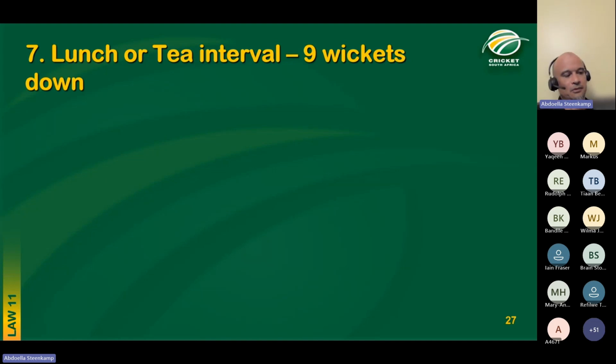Another time-saving mechanism that the lawmakers brought in when it comes to our lunch and our tea interval. Over the years, and there's lots of stats to prove this, when a side is 9 wickets down, and no disrespect to any number 10 or number 11 batters, there's lots of stats that back up that if a side is 9 down, that last wicket usually doesn't last that long.